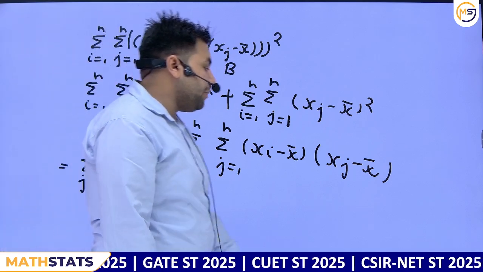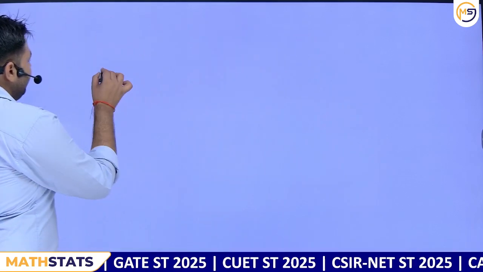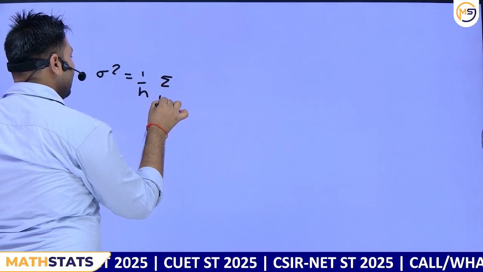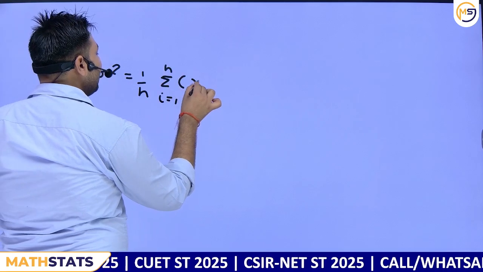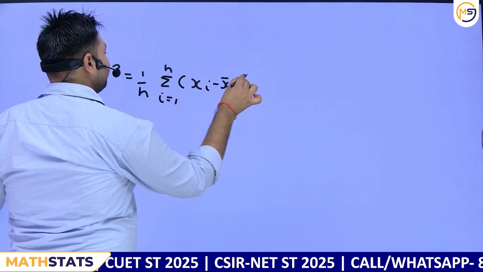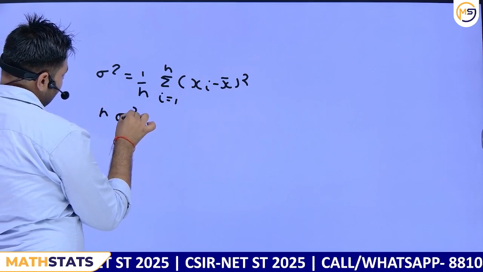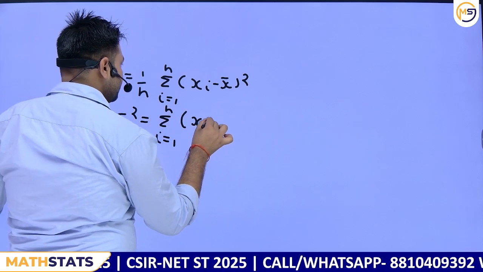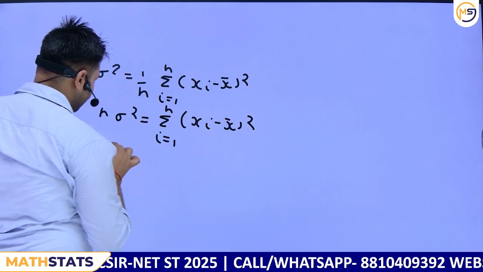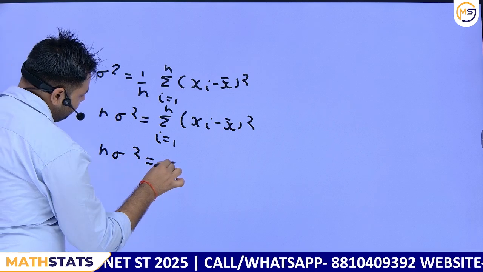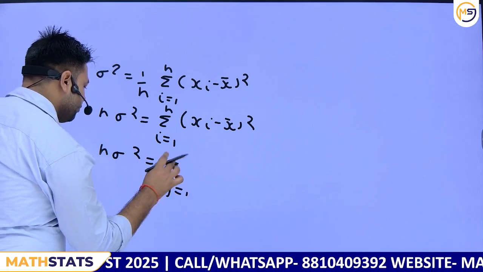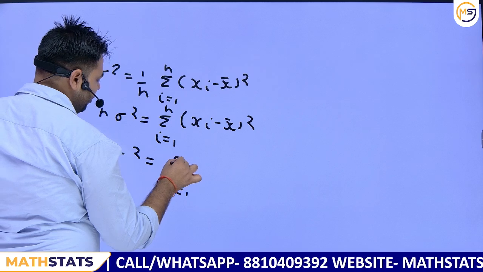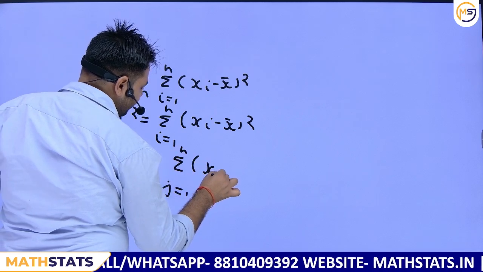Recall that sigma square is equal to 1 upon n summation i equal to 1 to n (xi minus x bar) square. So n sigma square is nothing but summation i equal to 1 to n (xi minus x bar) square, and similarly n sigma square is also equal to summation j equal to 1 to n (xj minus x bar) square.